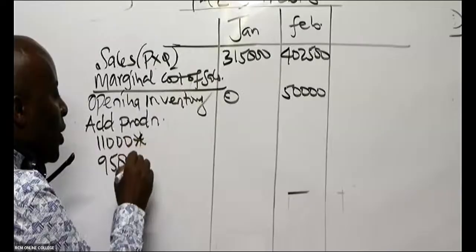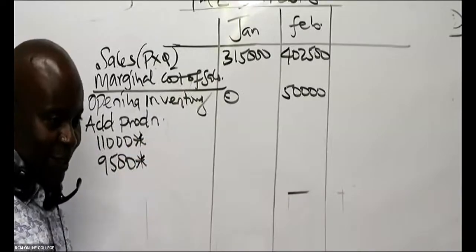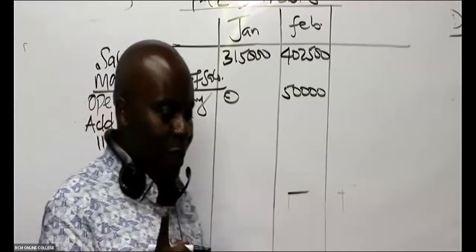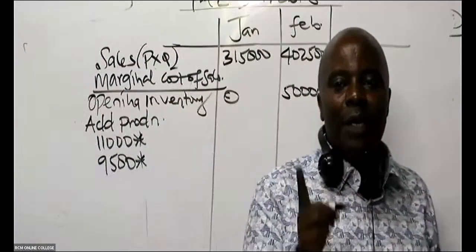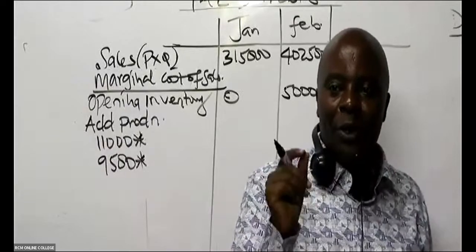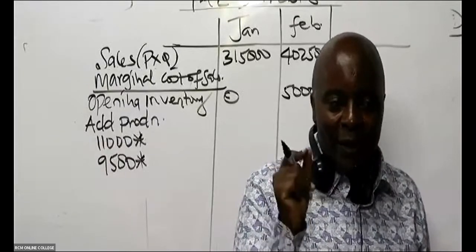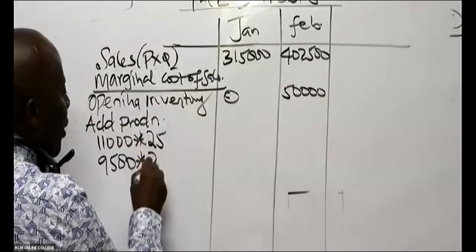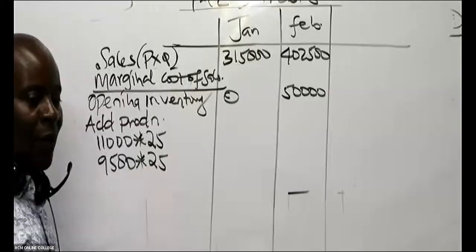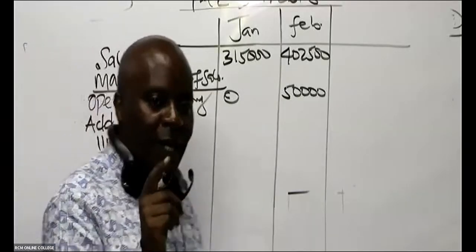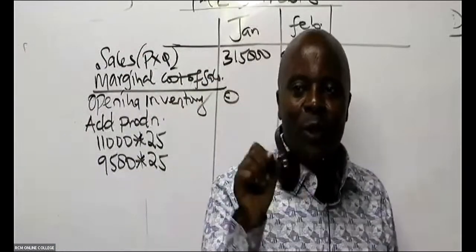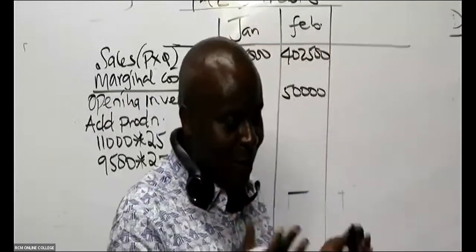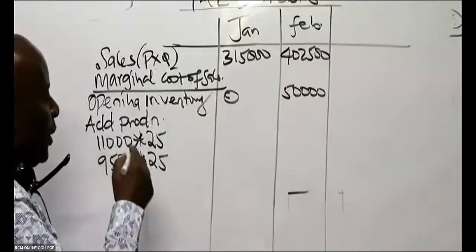And do we know the valuation of our produced units? Remember, we normally value produced units and inventories in the same way. And if it's marginal costing, then the unit you produced were what? 25. So in this case here, we have 25 there. Don't vary units produced in terms of material cost. Don't split them up, because these are complete units. You are taking up every marginal cost. So are you able to give me these numbers?